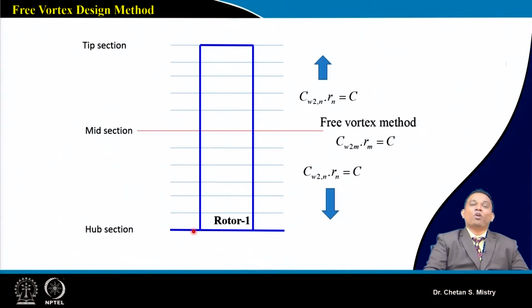Okay, and based on that, we are doing all our calculations. So if we recall, by calculating our velocity components, say peripheral speed, axial velocity, tangential velocity, absolute velocity and relative velocity, we will have the distribution of flow angle along the span.